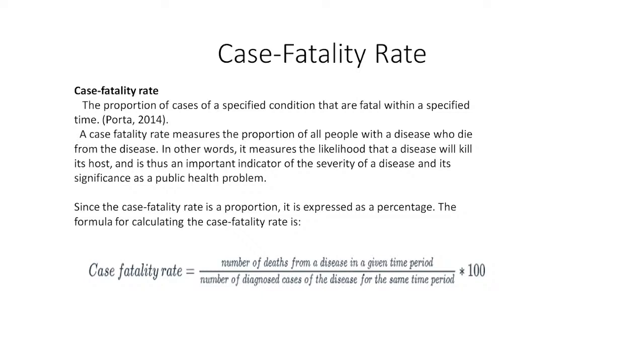A case fatality rate measures the proportion of all people with a disease who die from the disease. In other words, it measures the likelihood that a disease will kill its host and is thus an important indicator of the severity of a disease and its significance as a public health problem.